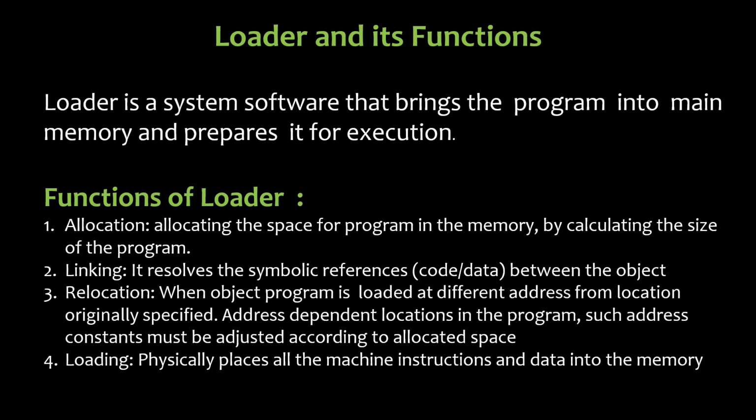For example, if the assembler has specified that this program be stored from memory location 100 to 200, but memory location 100 to 200 is not available, then what will the loader do?